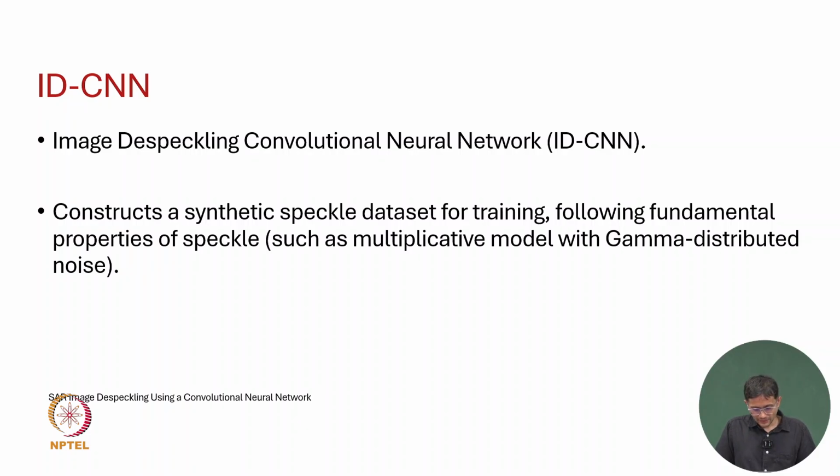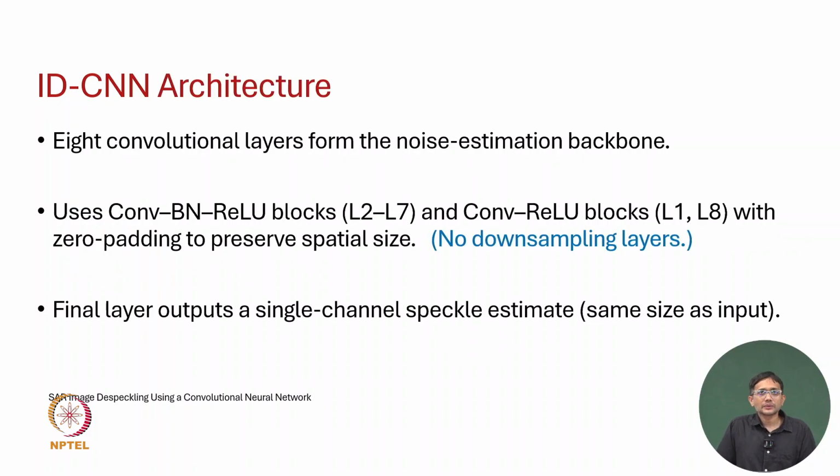Now, for despeckling purposes, your input to the model becomes X cap, and the output that you are looking for becomes X. Looking at the architecture of IDCNN, this uses 8 convolutional layers that form the noise estimation backbone.